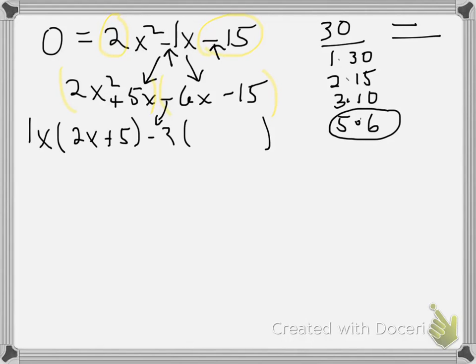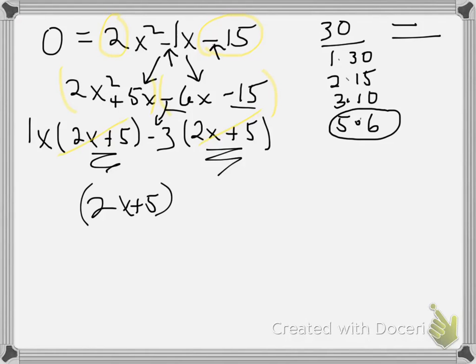Well, it looks like a 3 goes into both of those, and I'll get 2x plus 5. Remember, negative 6 divided by negative 3 is positive 2. Negative 15 divided by negative 3 is positive 5. And so this is nice because those are the same. So I can factor them out and write it once. 2x plus 5 times what's left in front, which is really just x minus 3.